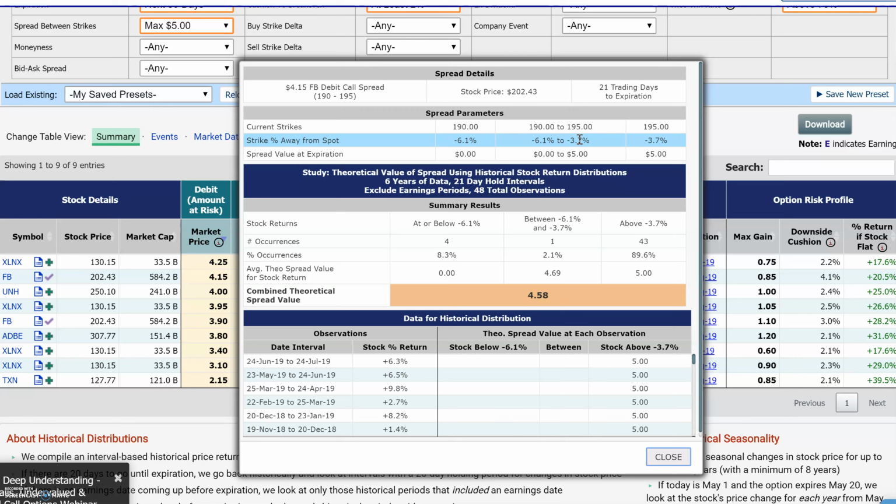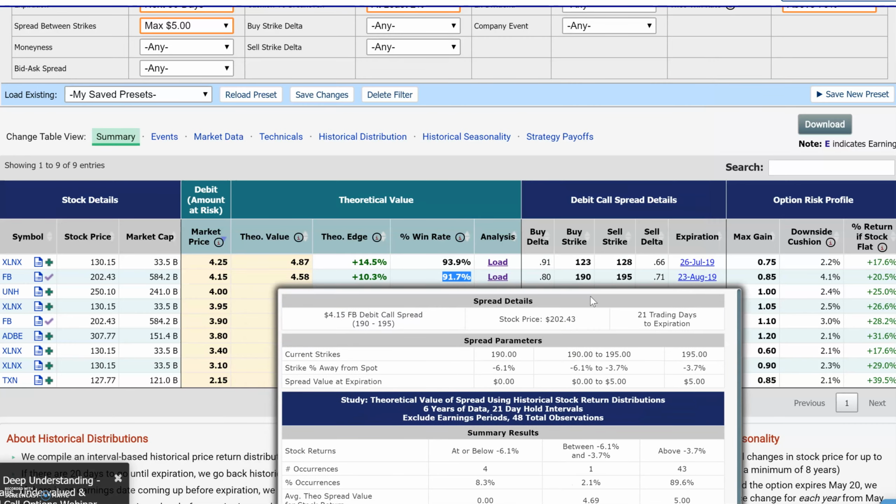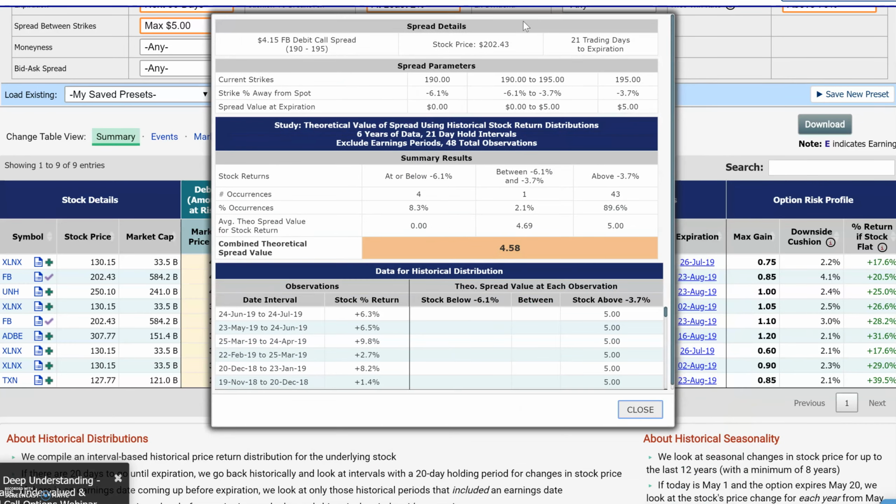Just like an insurance company, we look at the historical data to approximate and use that data as guidance. So in the last 6 years, for a 21-day hold period in Facebook, we're going to exclude earnings because Facebook does not have earnings coming up now. It just reported. So we're going to exclude earnings periods from the observation.